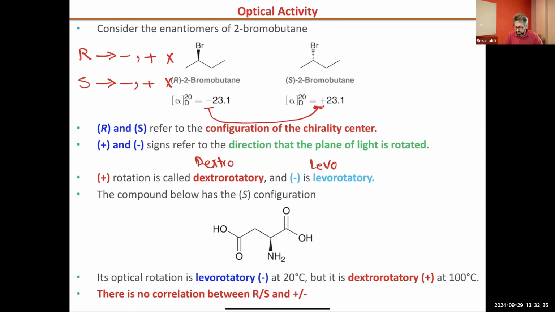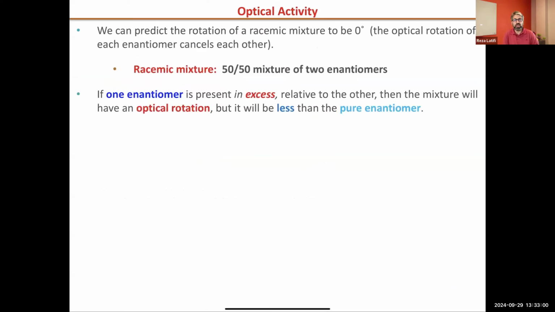If you change the temperature, you will see a difference in the direction of the rotation. So you always have to report the specific observed rotation. You have to specify it by writing the temperature at which you measured. That's the actual rotation.